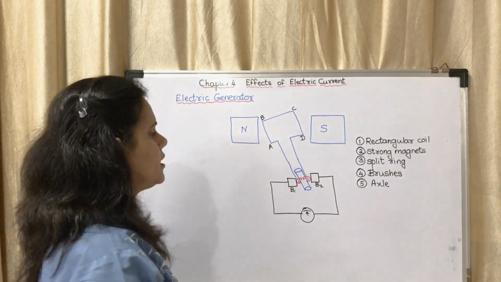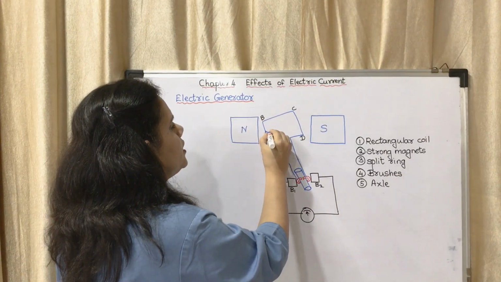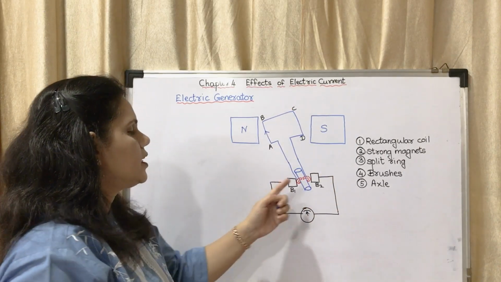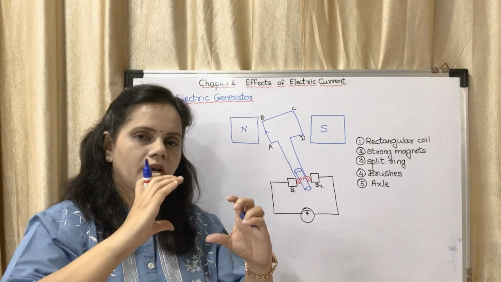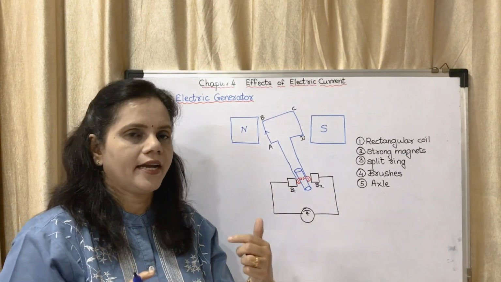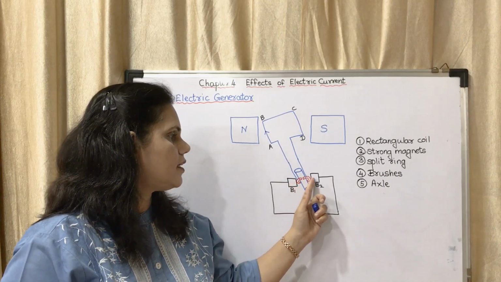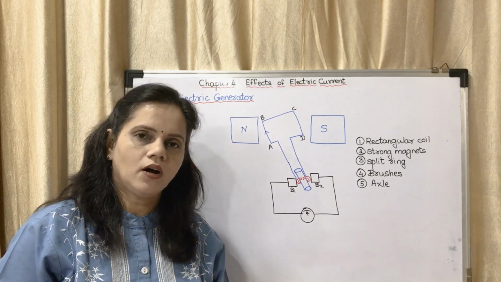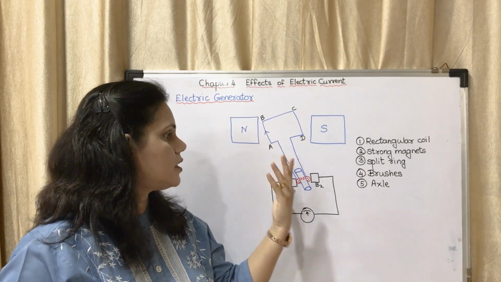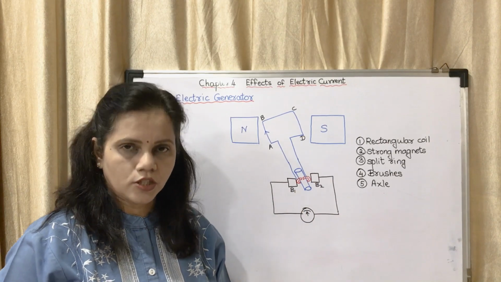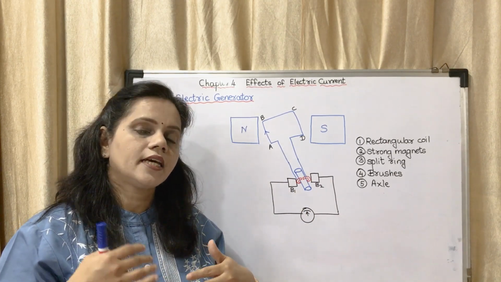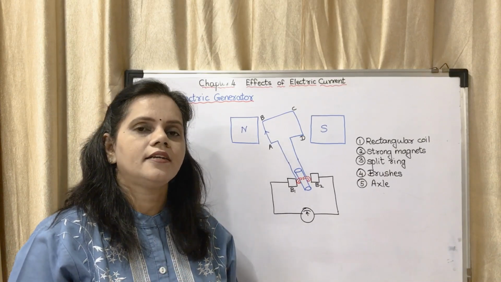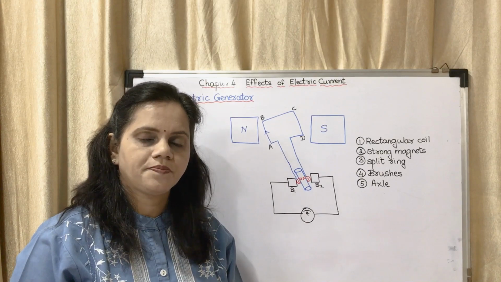According to that, the current will move in this direction: A to B, B to C, C to D, and B2 to B1. Now, as it is a split ring, it is continuously rotating and is in contact with either brush 1 or brush 2. In the AC generator, AB is connected to B1 and CD is connected to B2.